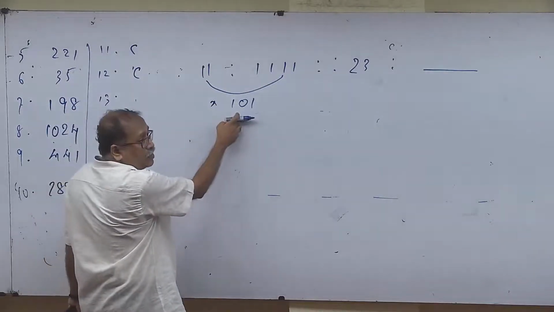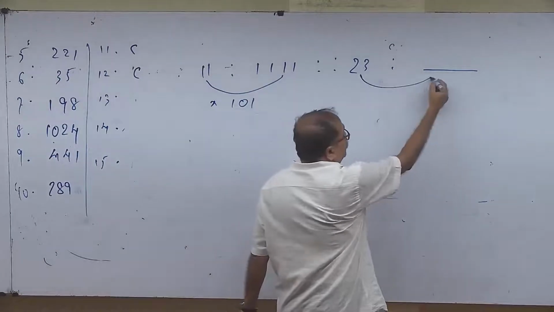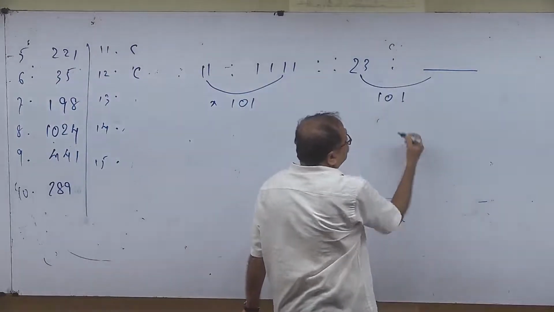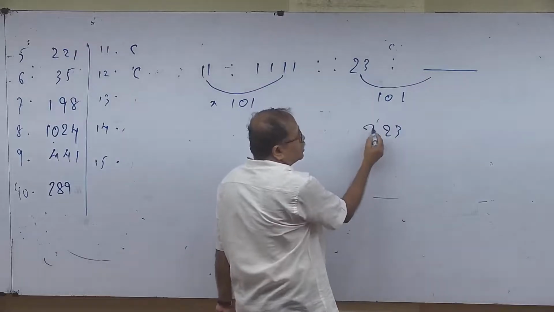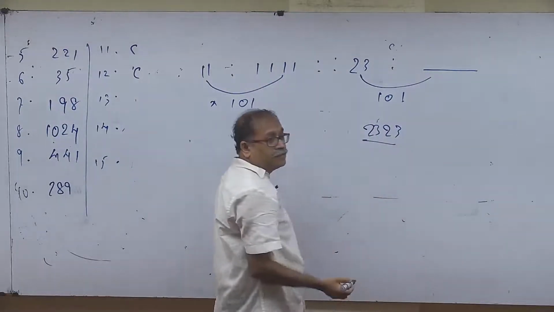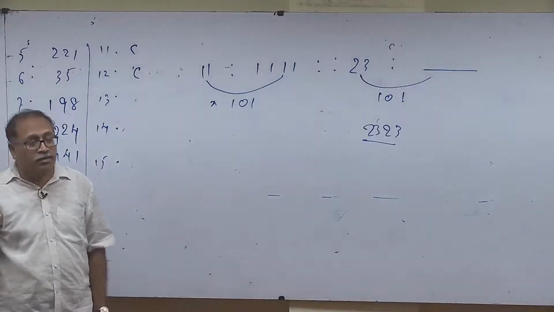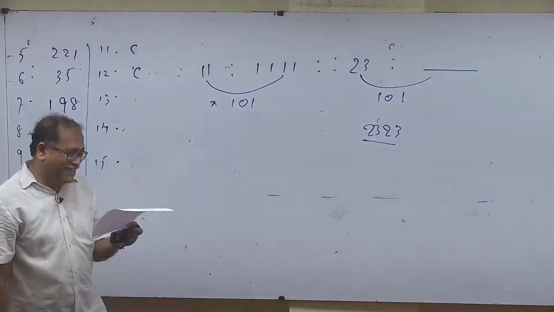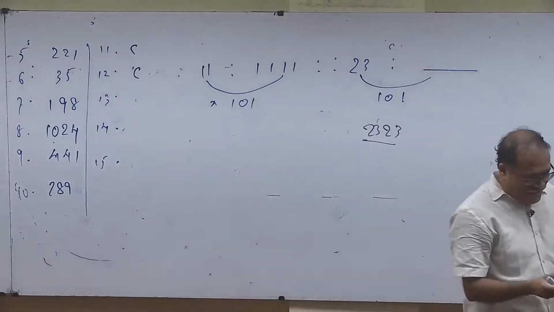So, 11, 1, 11 and 11, 1, 11. If I go with into 101, then see what comes. 23 into 1 is 23 and followed by again 23. You get the same thing? Yes, that's right. 23, 23. Okay.